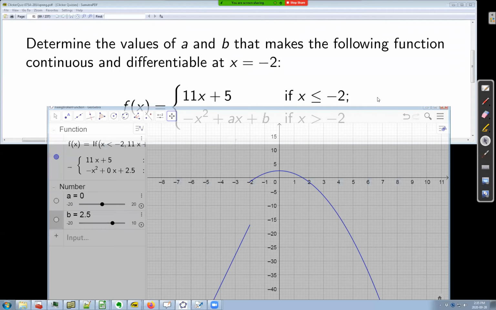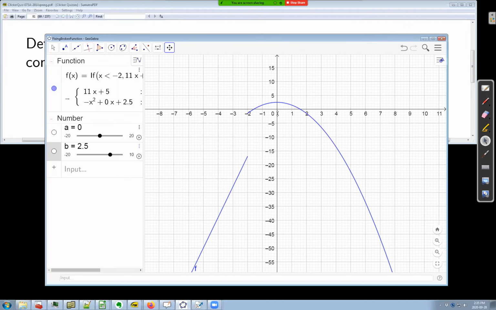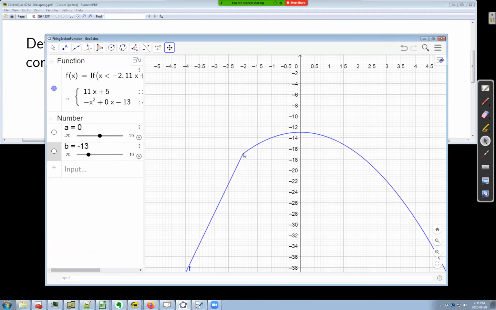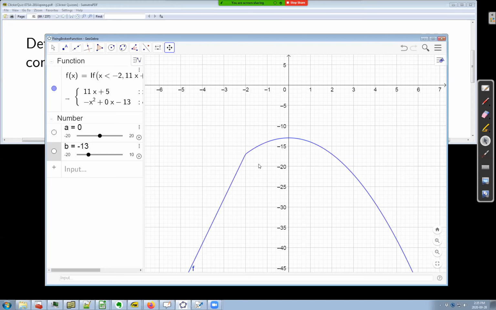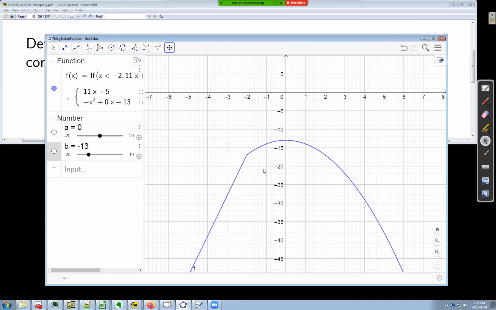So right now, the way it stands, obviously this function is not continuous at -2. But maybe if I move b down to about -13, it looks like maybe the two pieces match up. Looks can be deceiving, but it looks like they kind of match up.